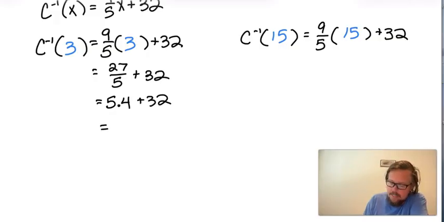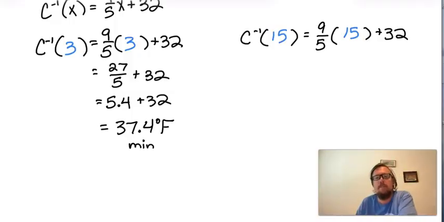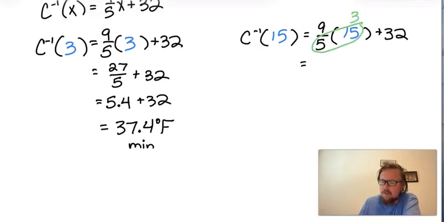So 37.4 degrees Fahrenheit is the average minimum temperature. And then 9/5 times 15, one way you can do this without a calculator is 15 divided by 5 is 3. So that's 9 times 3. Or you could just use a calculator. That's 59 degrees Fahrenheit maximum.